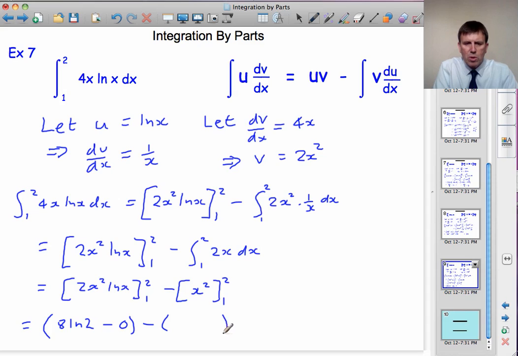Minus, evaluate this one, 2 squared is 4, minus 1 squared, 1. So we've got 8 log 2, and here we've got minus 4 plus 1, or 4 minus 1 is 3, minus 3. So our final answer is 8 log 2 minus 3.